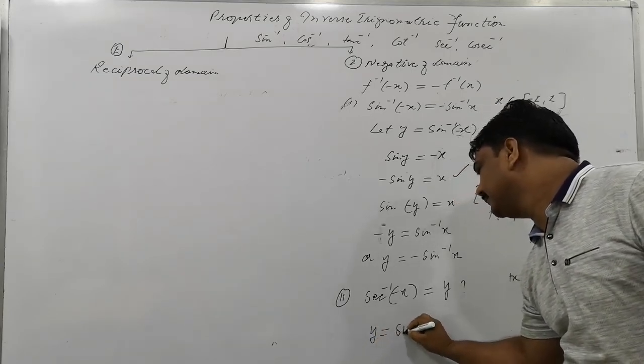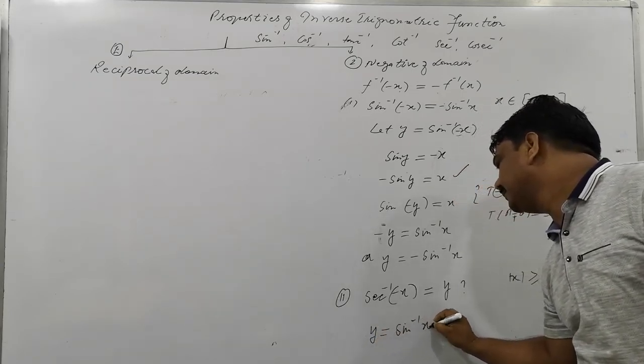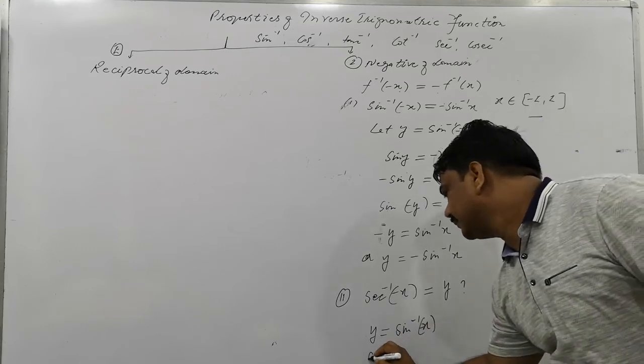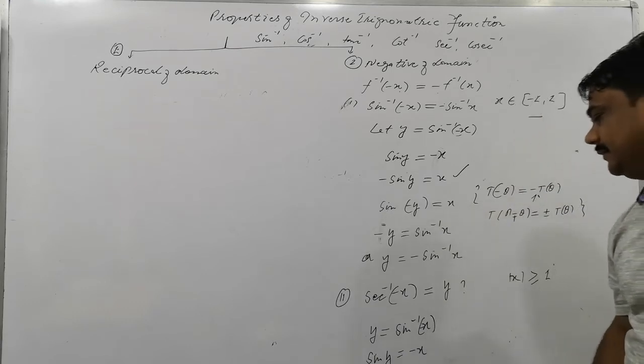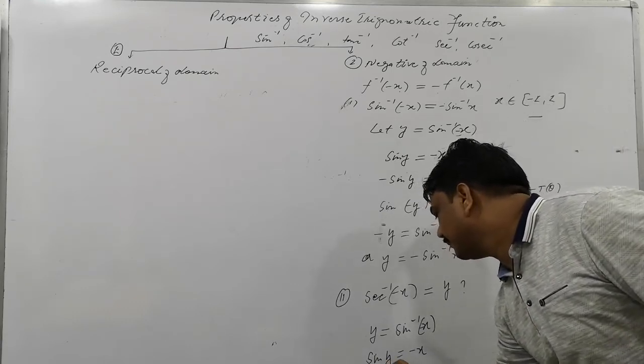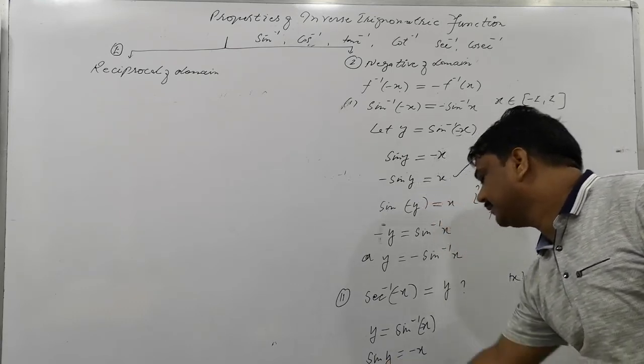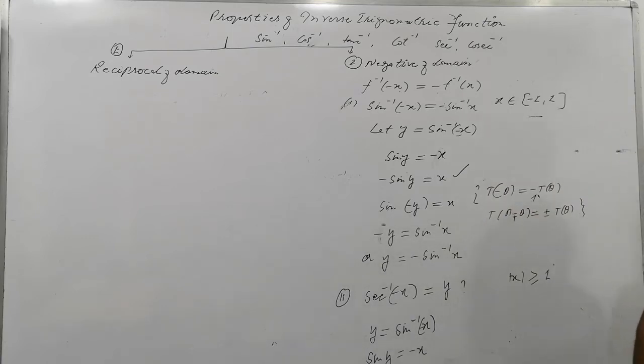Y is equal to sine inverse minus x. So sine y is equal to minus x, and minus of sine y is equal to x. And minus of theta for sec, this identity is not working. This identity will work. Clear? For sec, how is the sec made negative? Minus sec theta will be pi minus or pi plus; both work here, minus and plus both. Clear?